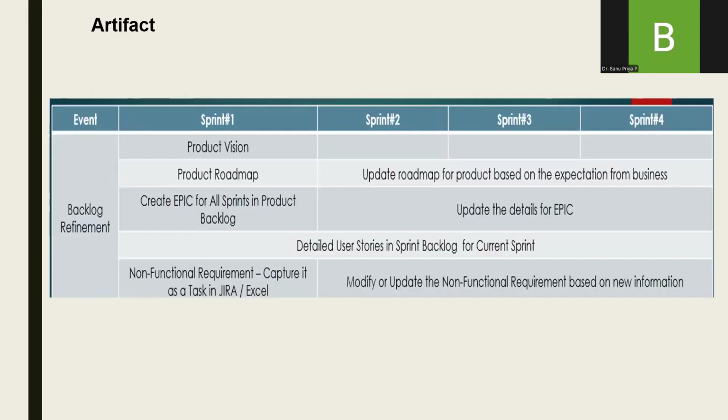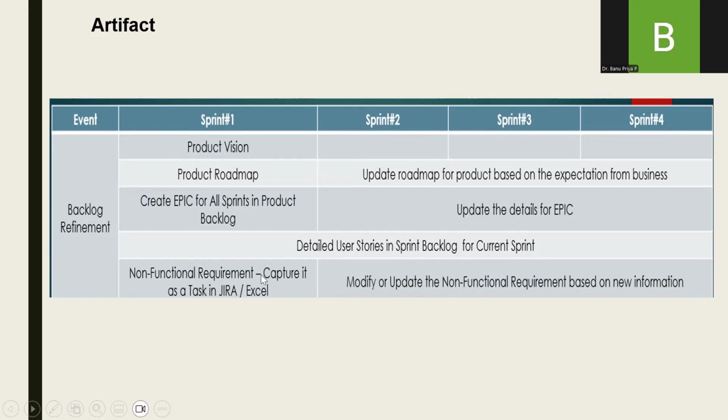Now, let us see artifacts in detail. The first one is product backlog. That is backlog refinement. If you see here, it starts with a vision statement, a product map. Then you have to create an epic, and detailed user stories.